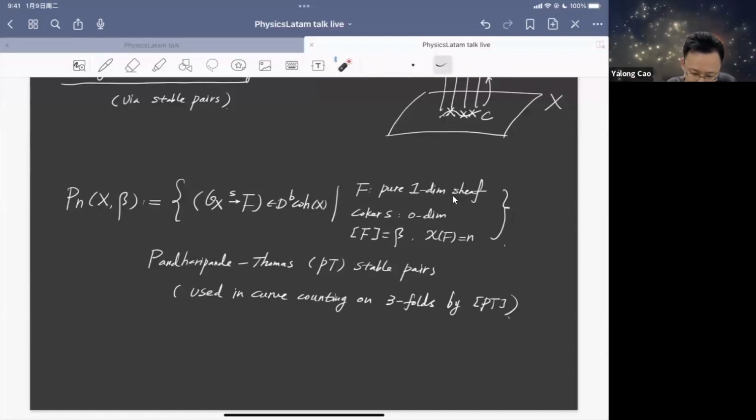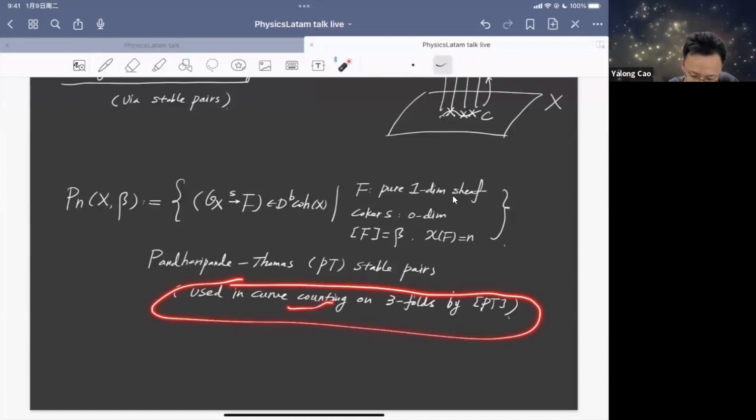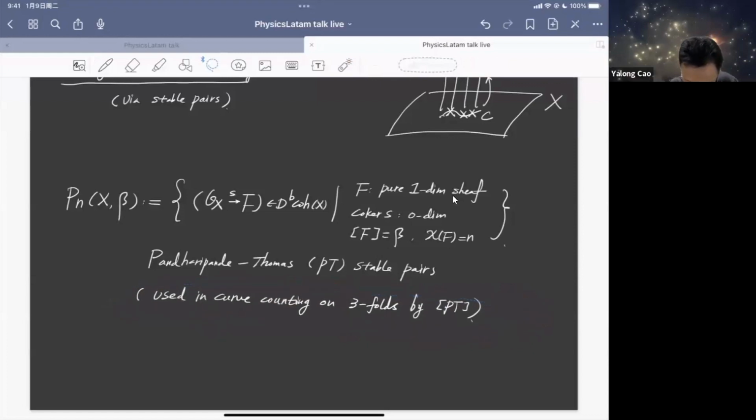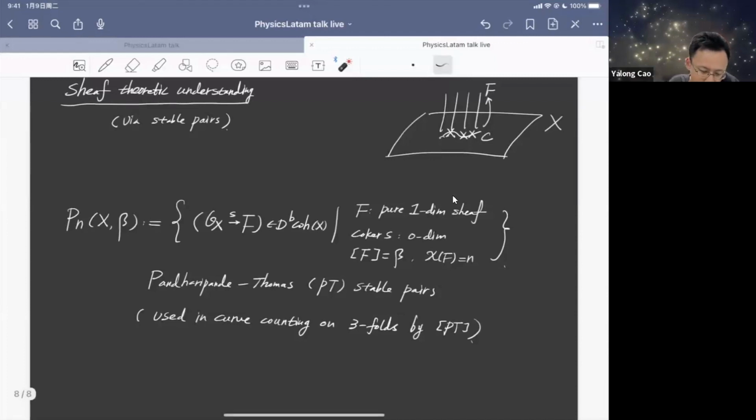So the idea is that you should treat this as a similar object to the moduli of stable maps. Stable maps give you a way to count curves via maps. But now the way we want to count curves is via counting these sheaves supported on curves with sections.